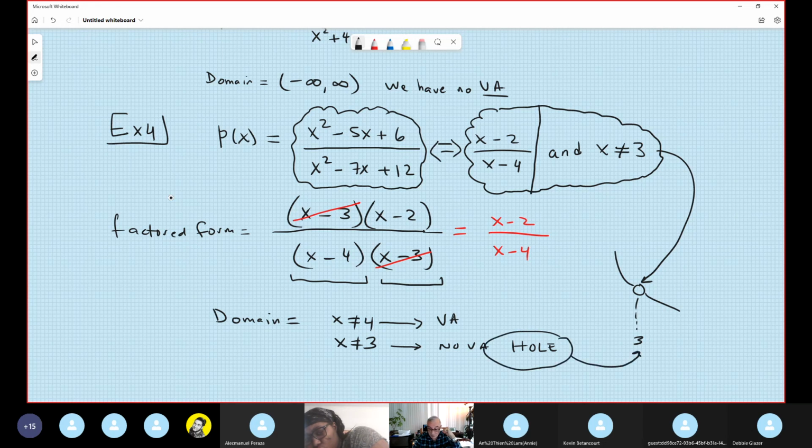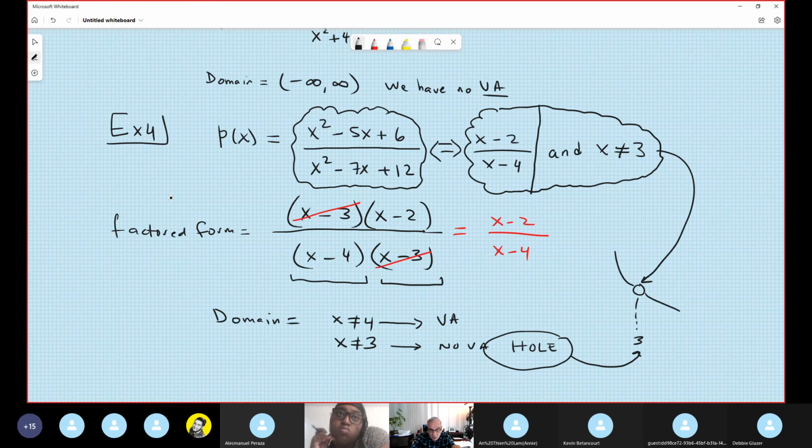Okay, this is it. Let's see. I promise that next time we see a lot of examples that include a hole. How do you know that we have a hole? Well, you know that we have a hole when one factor is cancelled out. So then, in the analysis of the rational function, the first step is factor. See, we have no common factor to cancel out.